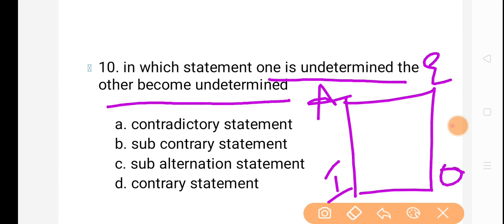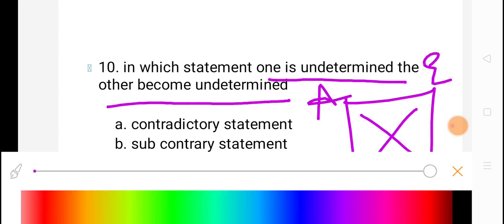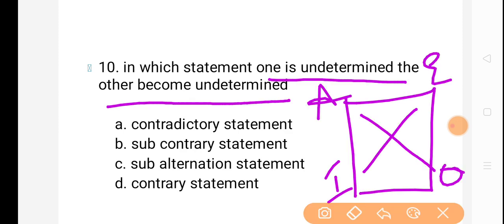We are checking the contradictory relation first. If one is true, the other will be false. If one is false, the other will be true. Another rule is if one is undetermined, the other will also be undetermined. So we can see that it's from the contradictory statement.